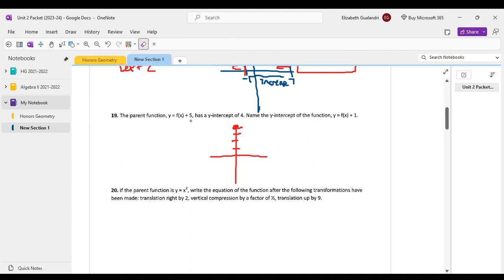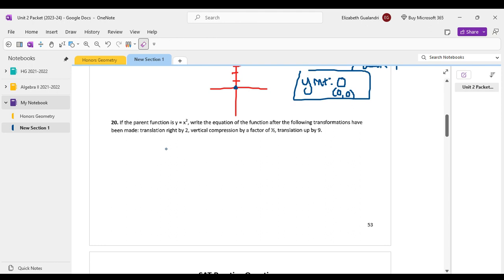So all I did to go from this first function to this last one is I subtracted 4 from the whole function. And so that means that I'm just going to move down 4 units on the function. So I do the same thing to my y-intercept. I go down 1, 2, 3, 4 units. It becomes here. And then the new y-intercept of this function is now at 0. Again, you can put that as 0. You can put it as (0, 0). Either one would work there.